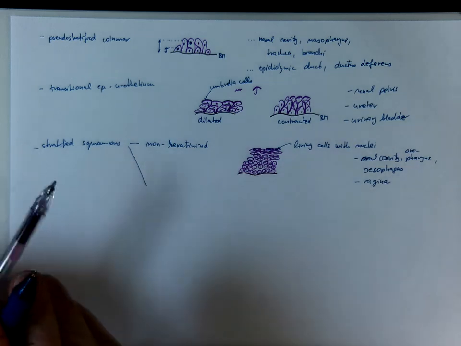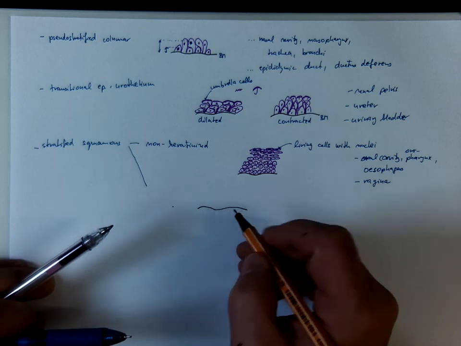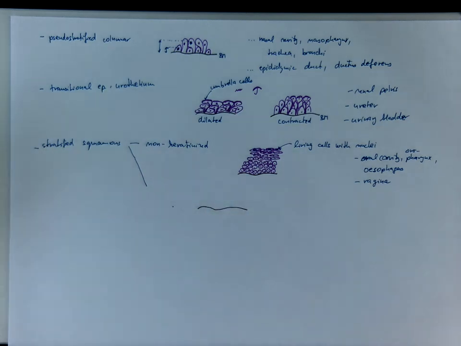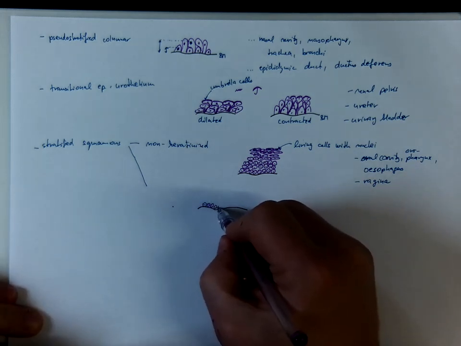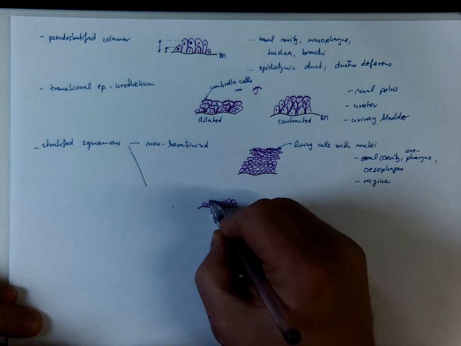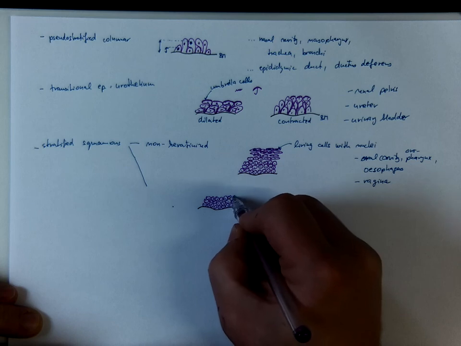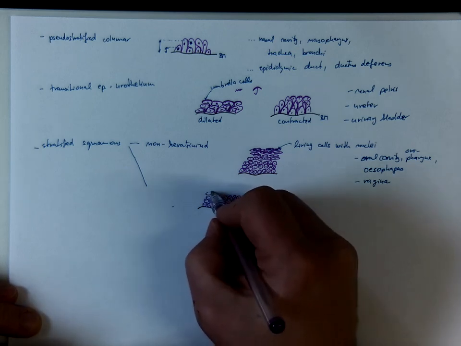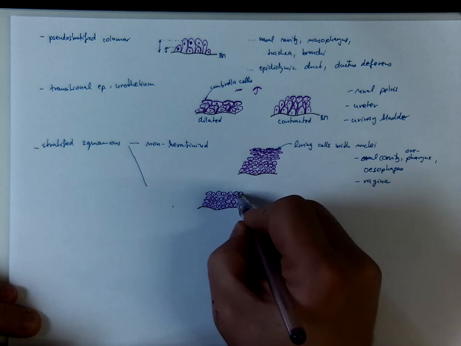However, another form of stratified squamous epithelium has some modification. Namely, the basal layer looks similar. Also, the spinous cell layer above looks similar, but then comes a layer with cells containing dark granules.